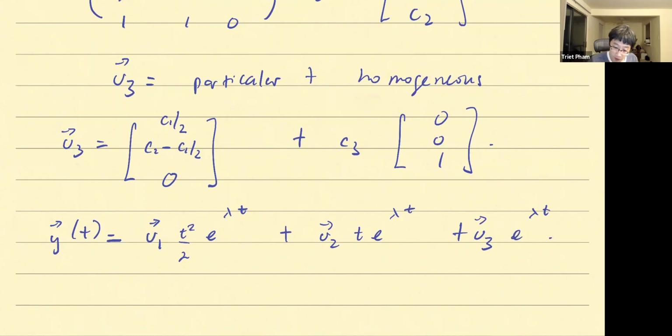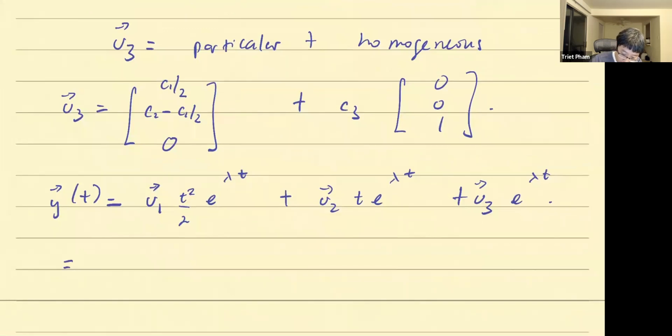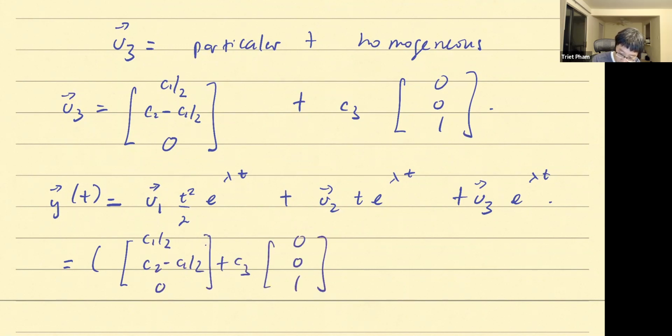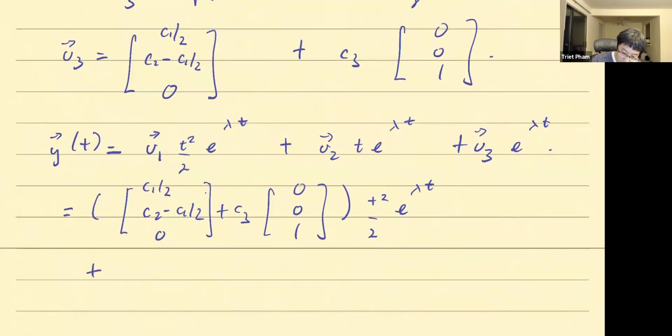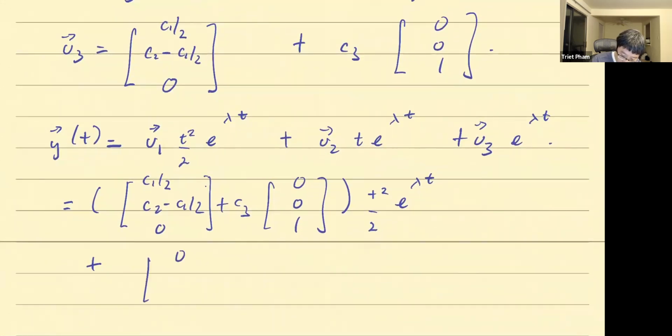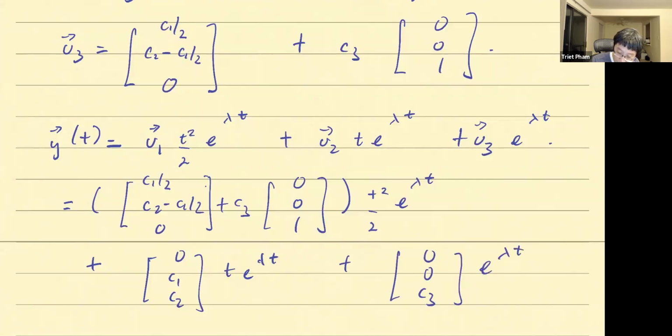Is that okay? So it's going to be the whole caboodle of (C1 over 2, C2 minus C1 over 2, 0) plus C3 (0, 0, 1), times t squared over 2, e to lambda t, plus (0, C1, C2) t e to lambda t, plus (0, 0, C3) e to lambda t.